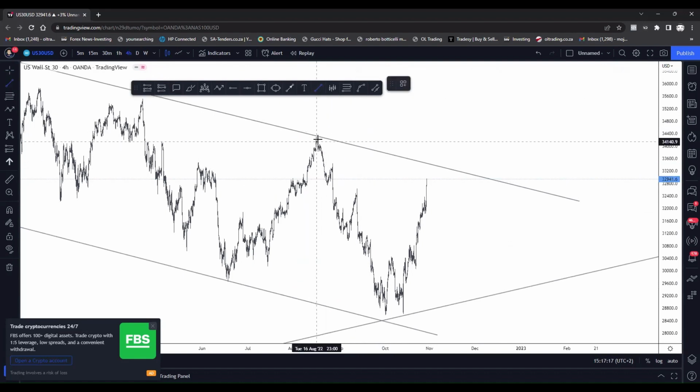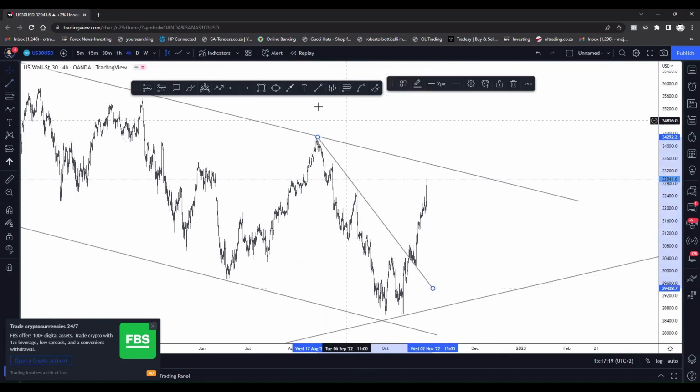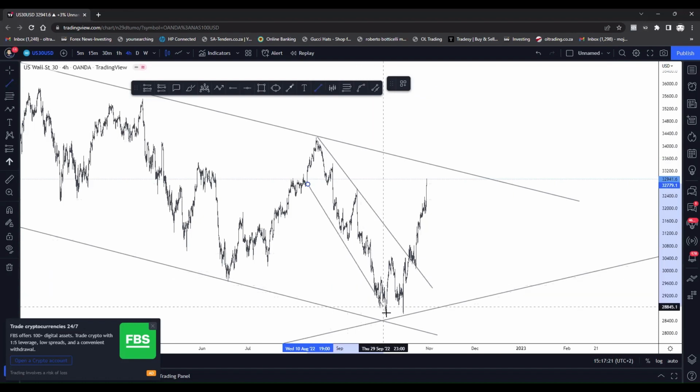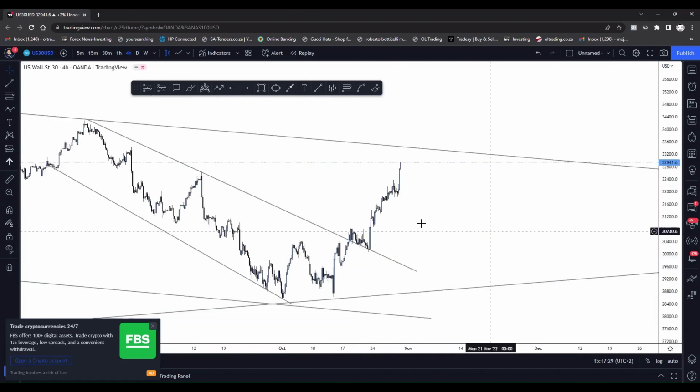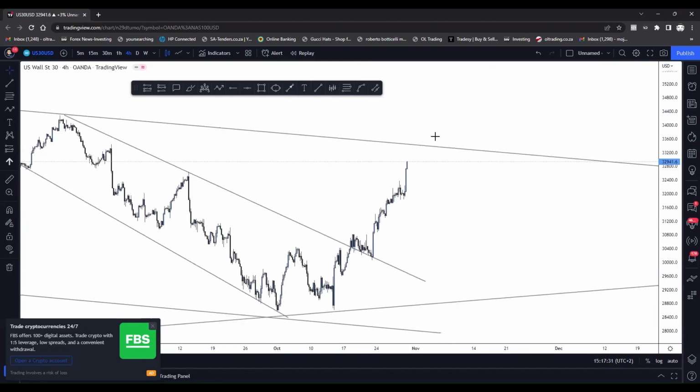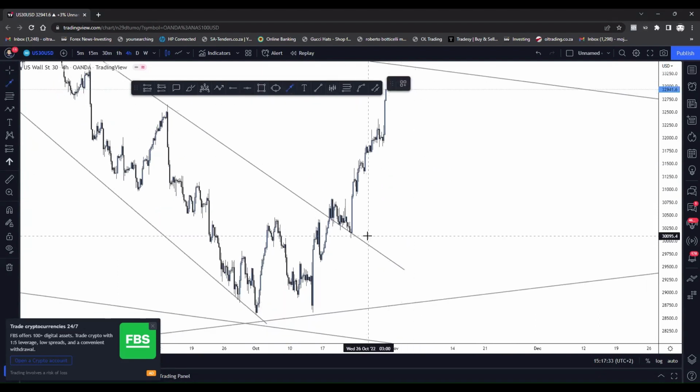So you can see here we had a very simple chart pattern showing us that we are indeed in a down, and then it retested. This was a retest. Let me show you. This was a retest. This was a retest.